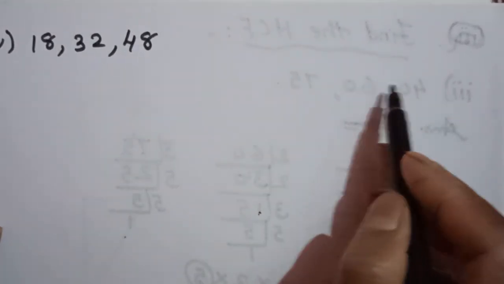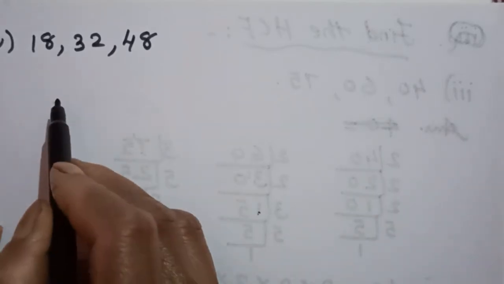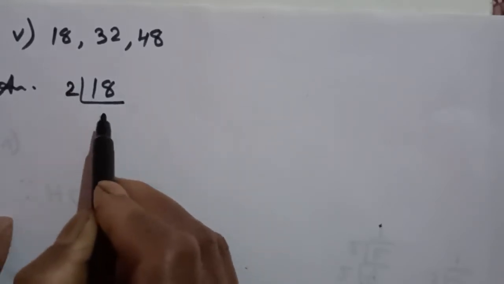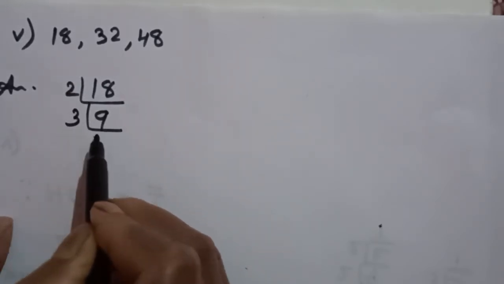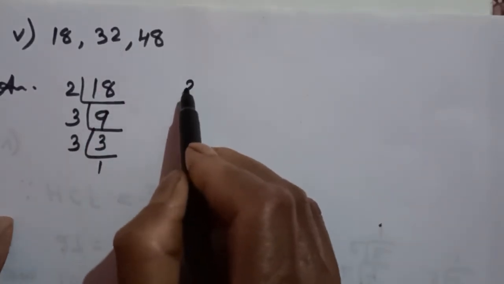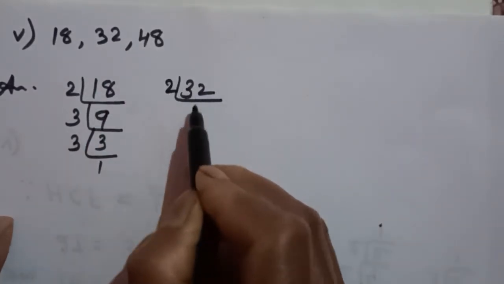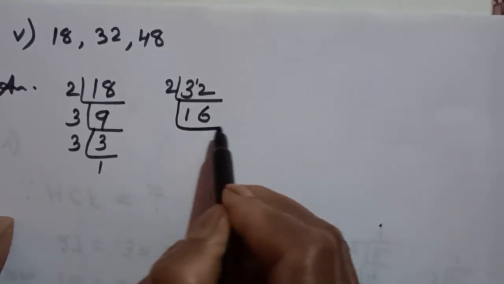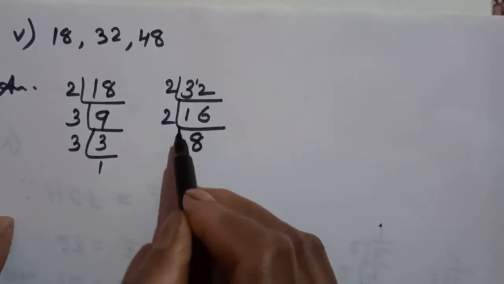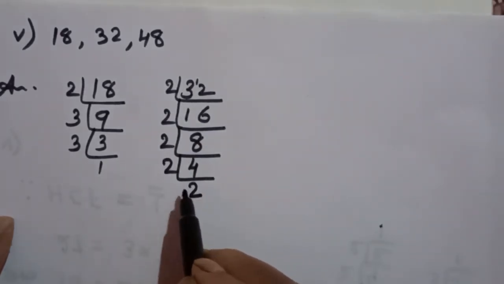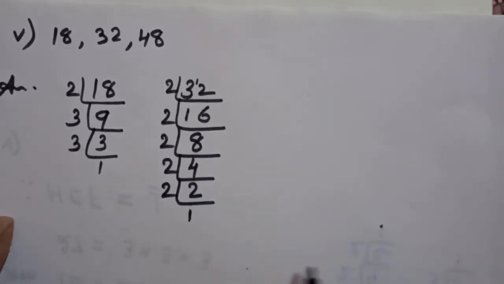With 3 numbers we won't get space here, so I'm doing it here. Factorizing 18: 2 9s are 18, 3 3s are 9 and 3 1s are 3. And 32: 2 1s are 2, 1 remains, it becomes 12, 2 6s are 12, 2 8s are 16, 2 4s are 8, 2 2s are 4 and 2 1s are 2.